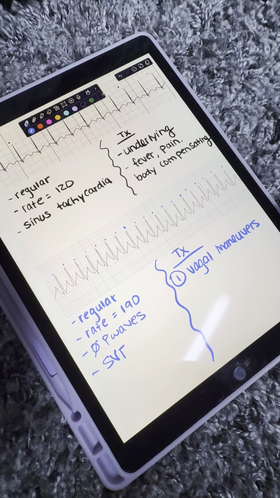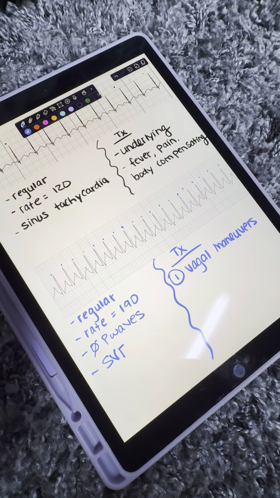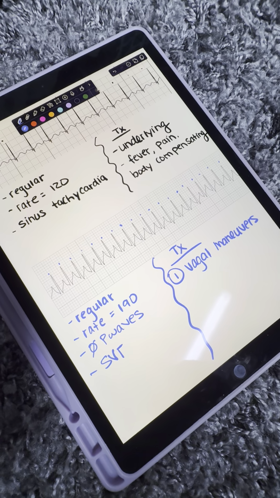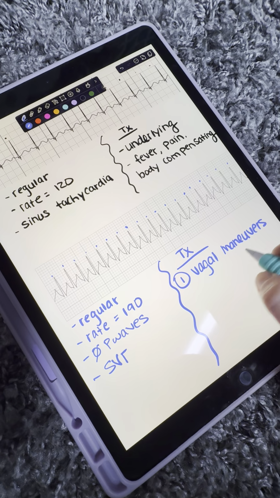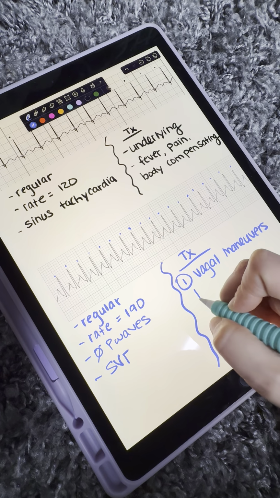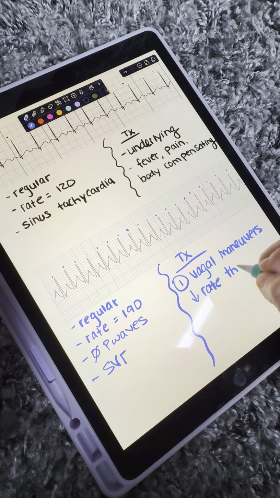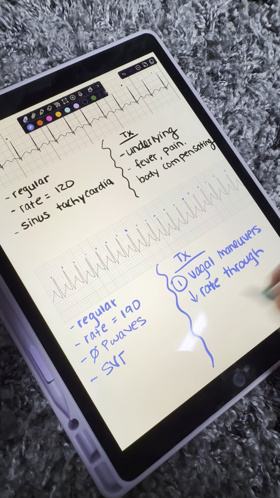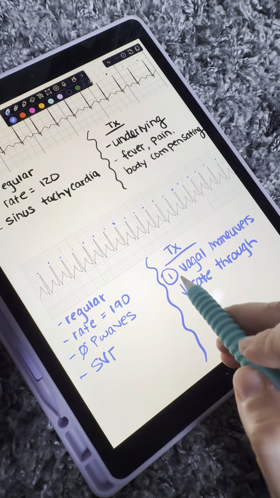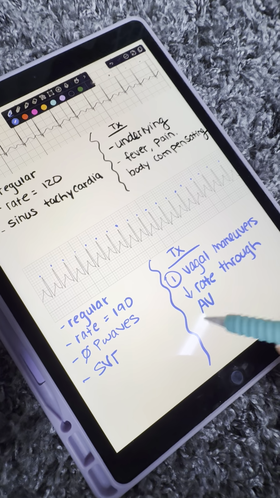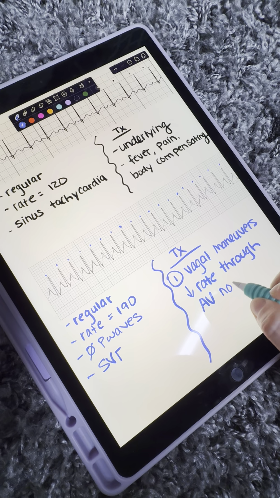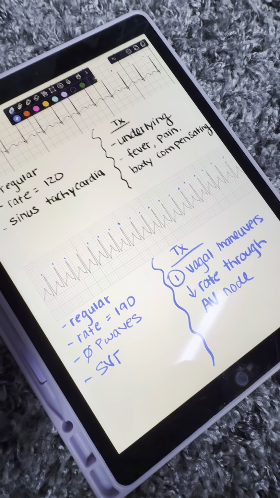You say, oh, we need you to bear down like you're having a bowel movement. They're not going to understand what that means. So what we're aiming to do here is decrease the rate through the AV node. Okay, we're trying to stimulate the vagus nerve, which slows the heart rate down and hopefully terminates this rhythm.